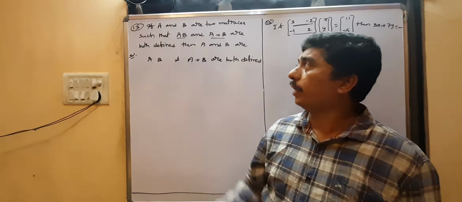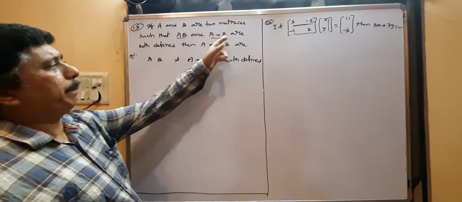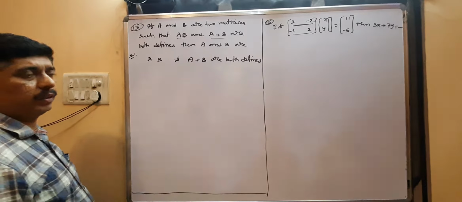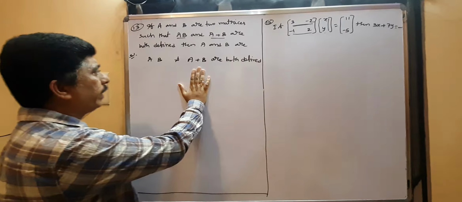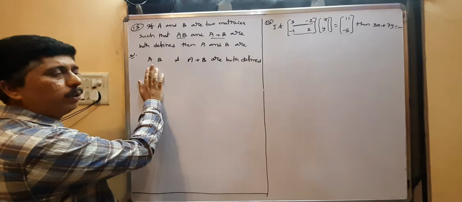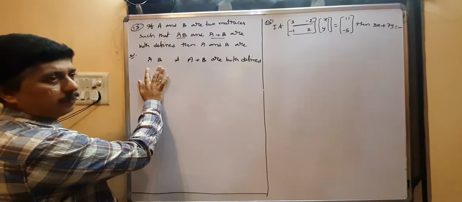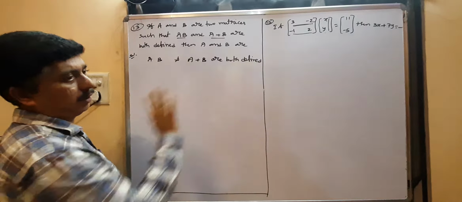So coming to the first bit, if A and B are two matrices, AB and A plus B are both defined. That means AB is possible and A plus B is also possible. AB possible means the number of columns in the first matrix equals the number of rows in the second matrix B. A plus B exists means both have the same order.